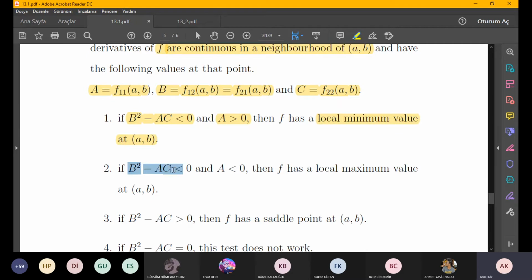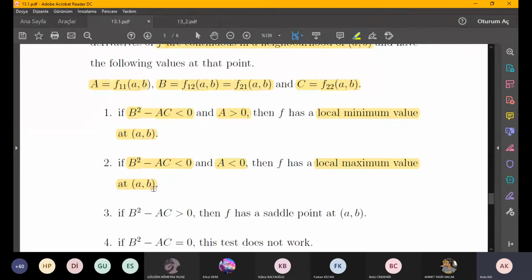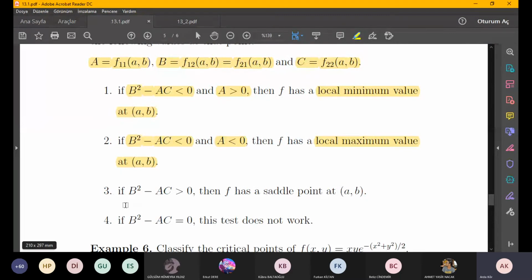If B squared minus AC is smaller than 0 and A is negative, then f has a local maximum value at the critical point. And if B squared minus AC is positive, then f has a saddle point at that critical point.